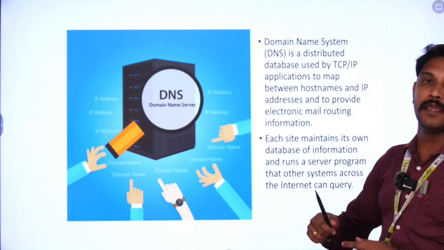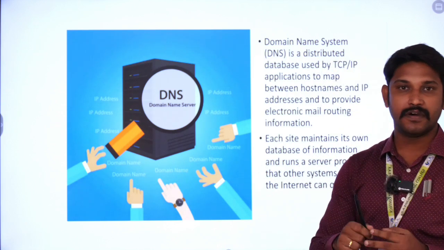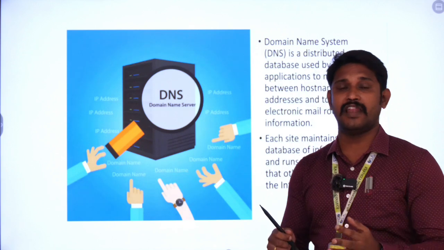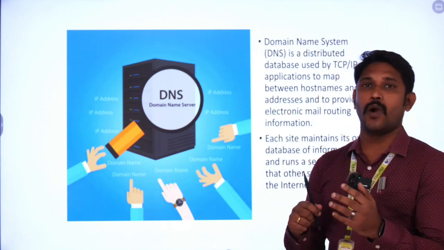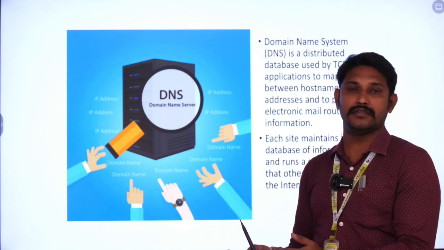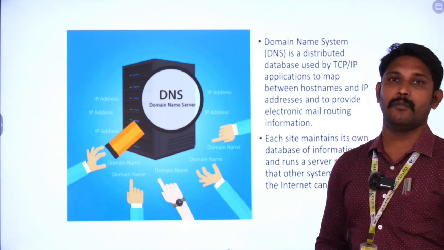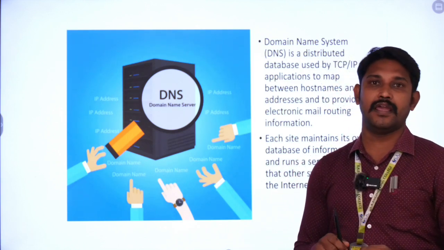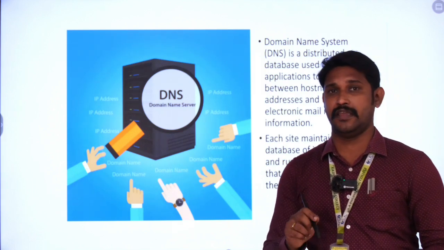The next protocol that we are going to use is DNS, the Domain Name System. In a network we have n number of servers, and each server has a separate domain name and a separate IP address. If you want to access a particular server, you can access it with the help of the IP address. For example, if I am going to access S Engineering College data, I will have the S Engineering College website URL address, that is www.saec.ac.in.